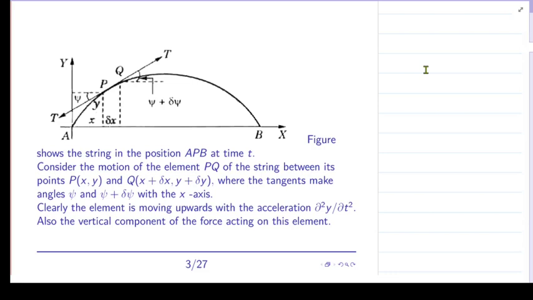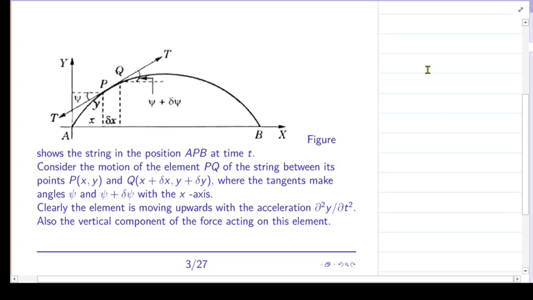As we have discussed, we apply constant tension T. So tension is applied on both P and Q and it is constant. We call that tension capital T, and it is acting on the points P and Q. So we derive the solution for this particular portion first of all.